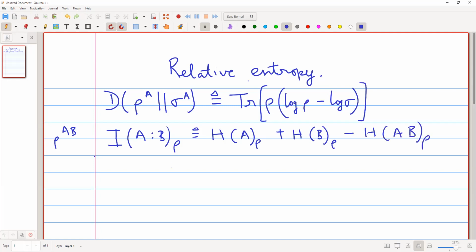But at the end of the last lecture, we saw how this is equal to this relative entropy, exactly as in classical. And this already had nice implications. So this implies that relative entropy is always non-negative.